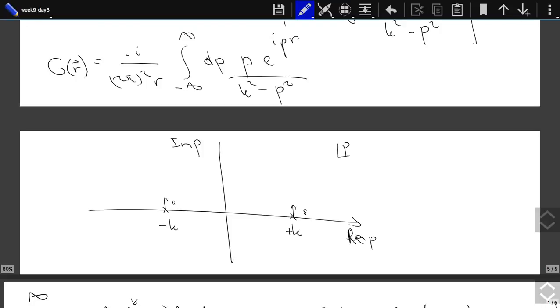Now, of course, there is a problem. How do we shift them? Shall we shift them both up or down, one up, one down? So that's kind of the problem. Well, that will be determined by the boundary conditions. You see, we have a second order differential equation.